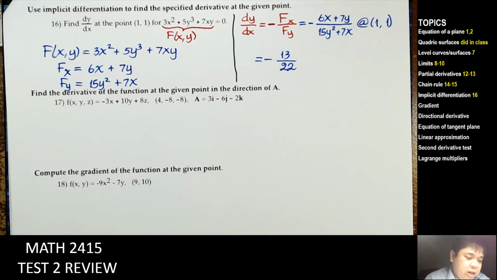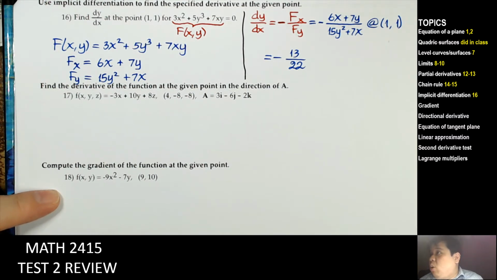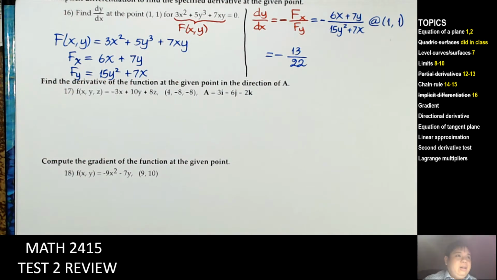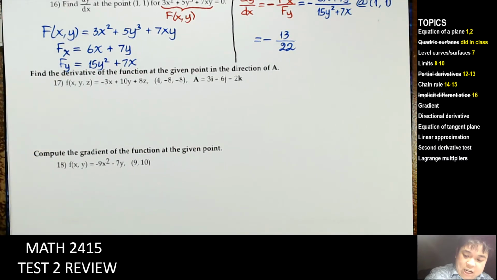Next we have the gradient. That will be 18, and then directional derivatives will be 17. Right, so we're going to do those two together. First, the gradient.